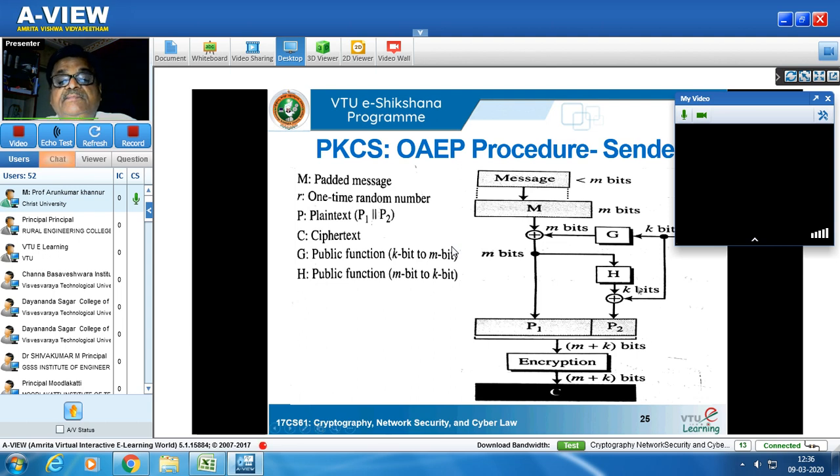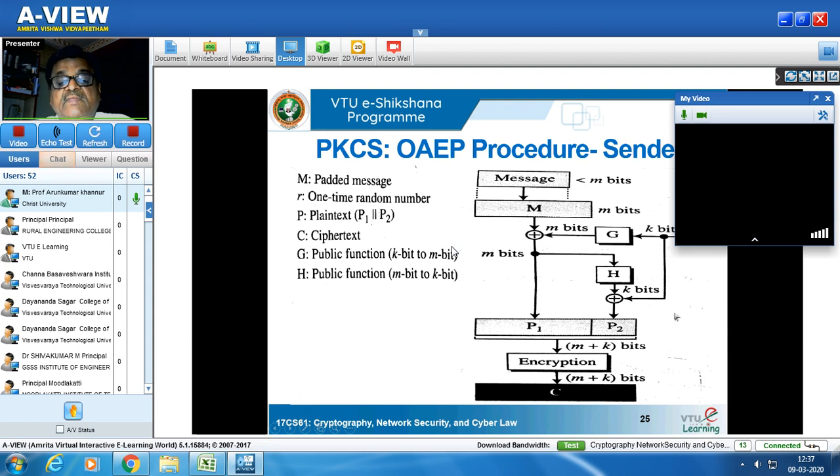Then from the K bit to M bit, like this we converted now. The first K bit to M bit have been converted and transmitted, and it appears as P1. Then by making use of the H function they have been converted and put into P2.